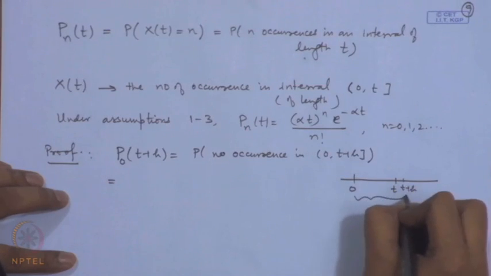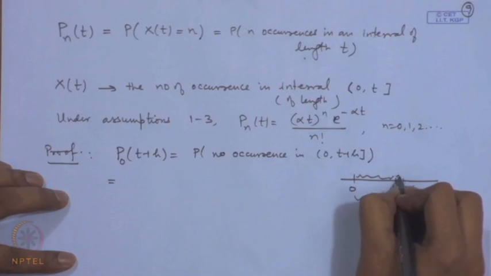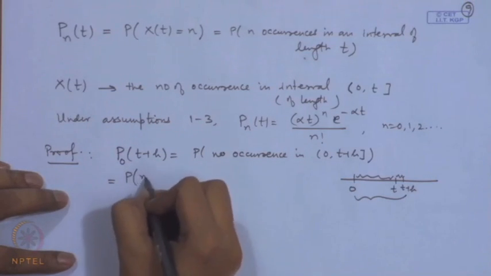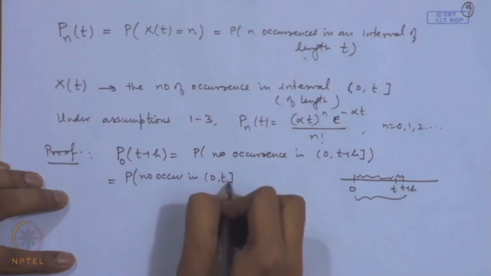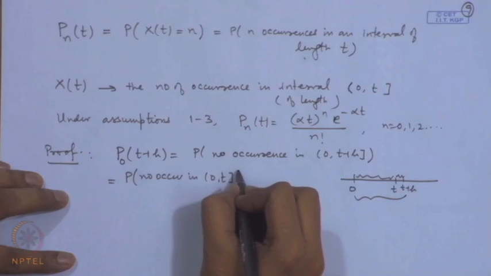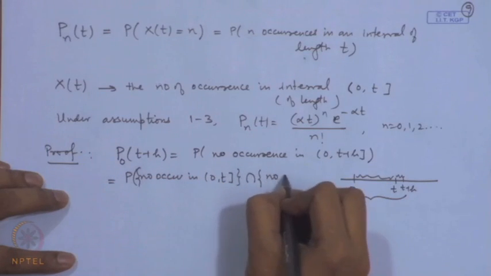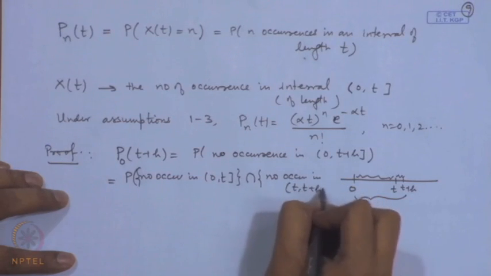If I say that there is no occurrence in 0 to t+h, this means that there is no occurrence in 0 to t and there is no occurrence in t to t+h. That means we can say it is no occurrence in 0 to t, event intersection no occurrence in t to t+h.